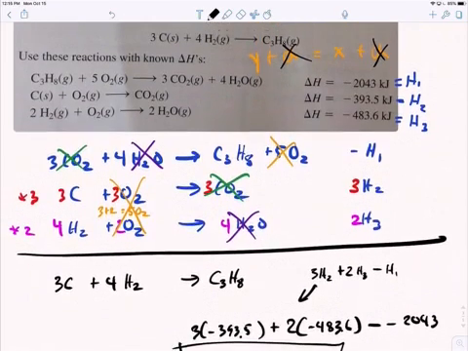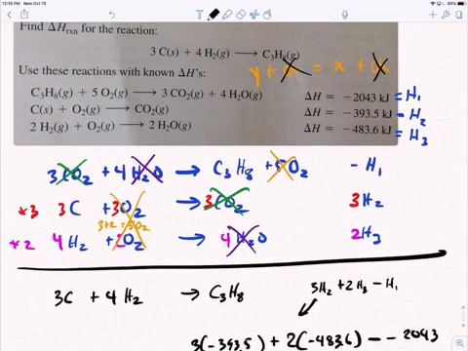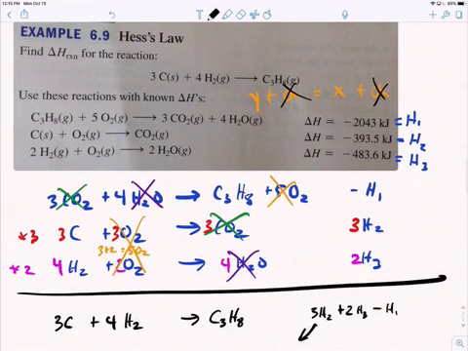All right, so recap with this one. This is Hess's law, and I like this example because it shows all of them. So this one here, you flip the first equation around, change the sign of the delta H. These two you have to multiply by certain factors.